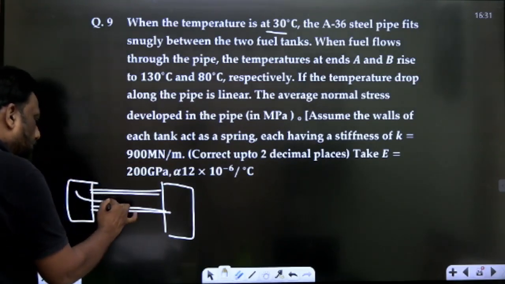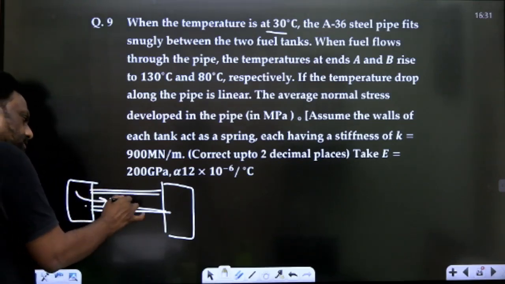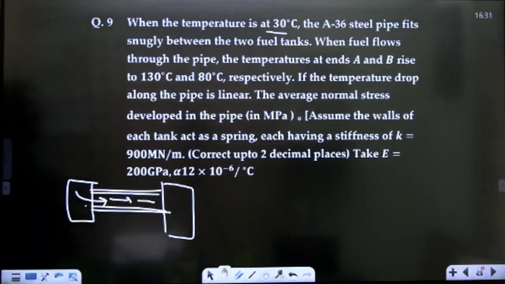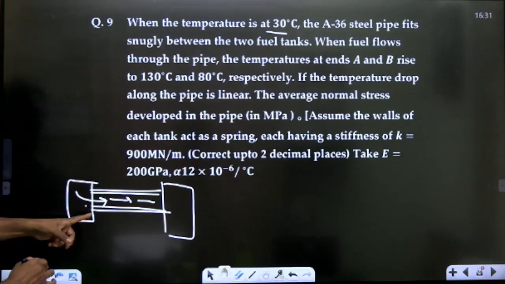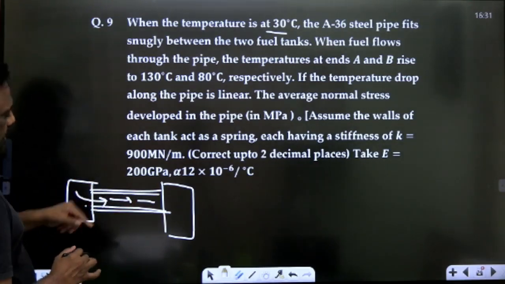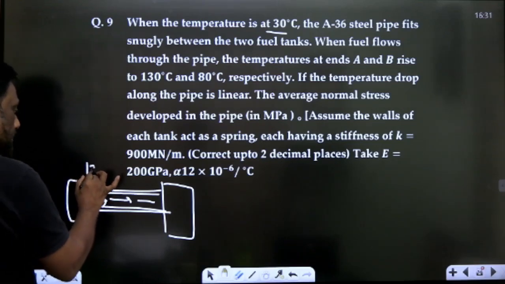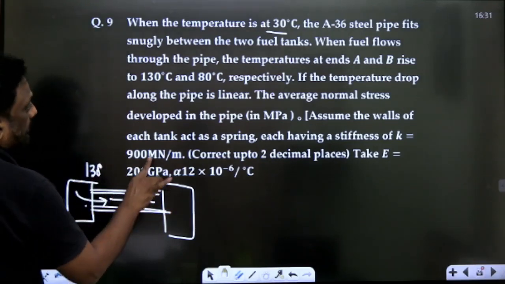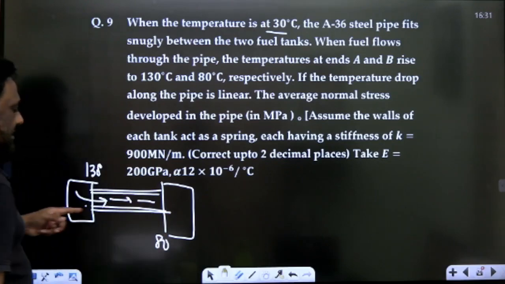When the fuel flows, टैंक में से फ्यूल जब फ्लो हो रहा है, the temperatures at ends A and B rise to 130 here and 80 here.